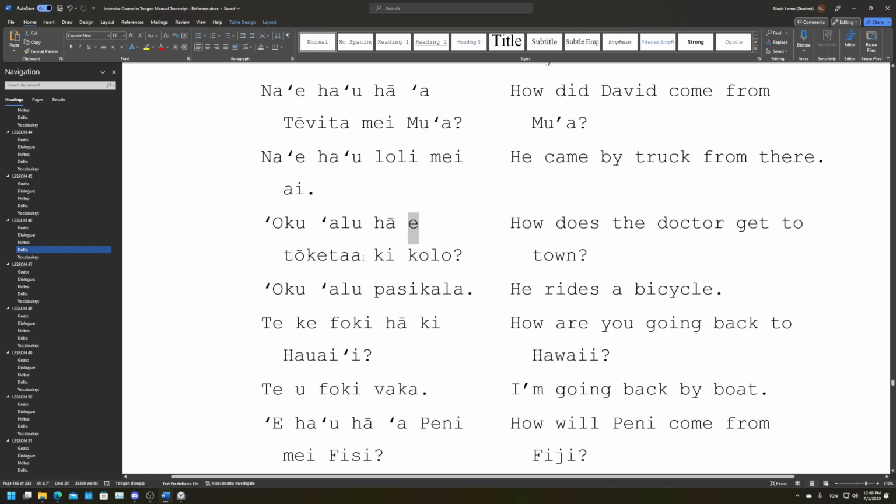But doctor would often be definite, and so that's why it's become docta. And this e, because it's based off the English word doctor, Tongans will really reduce it, so it's just docta.